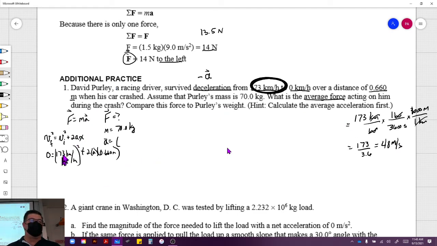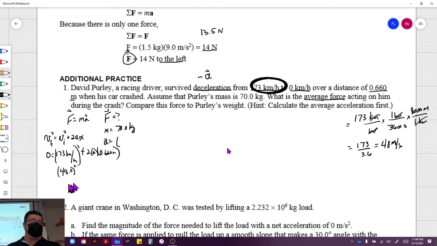So now all of a sudden, over here, we have 48.0 meters per second quantity squared plus 2 times A times 0.66 meters. And now we have units that we can work with.